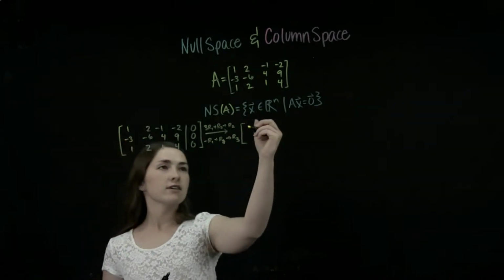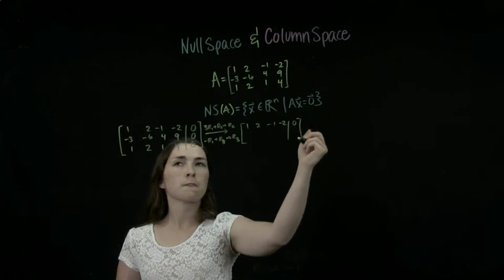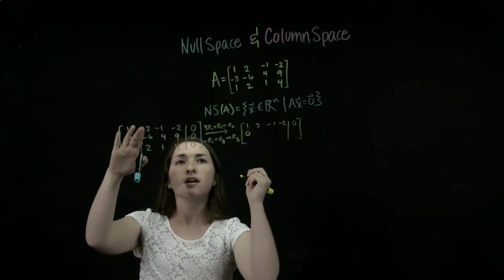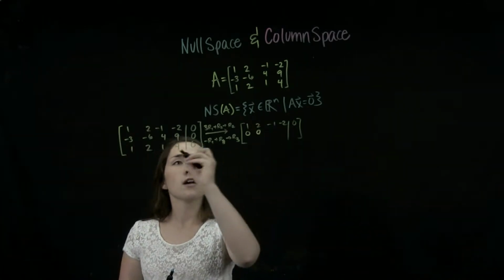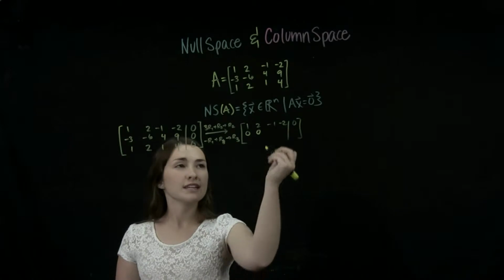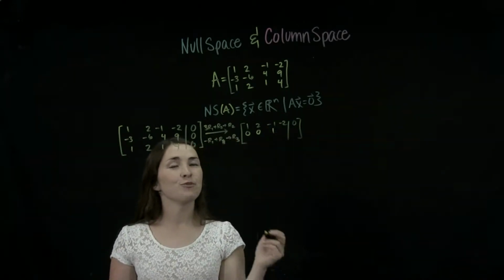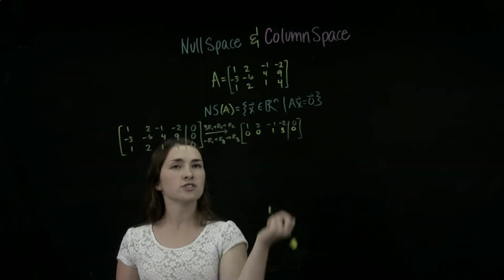So this is going to give us the same as the first one. And then 3 times 1 plus negative 3 is 0. 3 times 2 is 6 plus negative 6 is 0. 3 times negative 1 is negative 3 plus 4 is 1. And then 3 times negative 2 plus 9 is 3. And then 0 times 3 plus 0 is just 0.